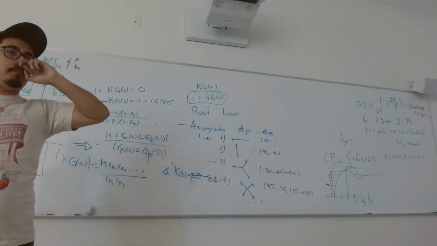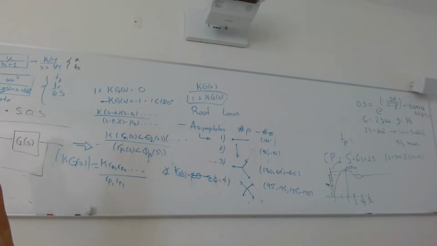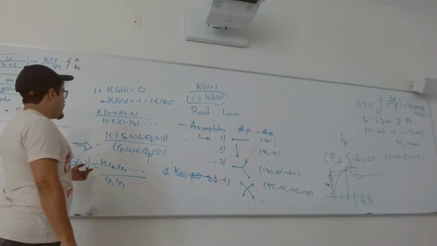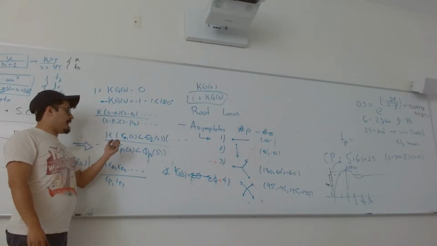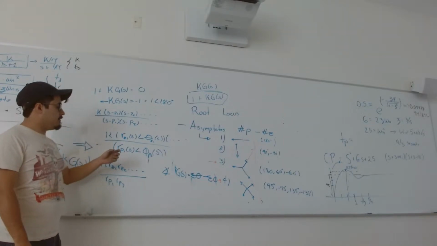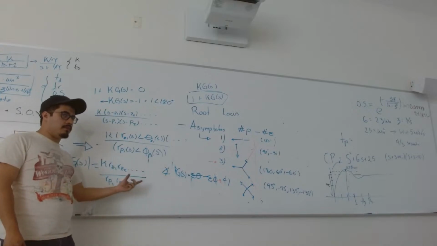The idea is that the only possible values of s are those that fulfill those two requirements.